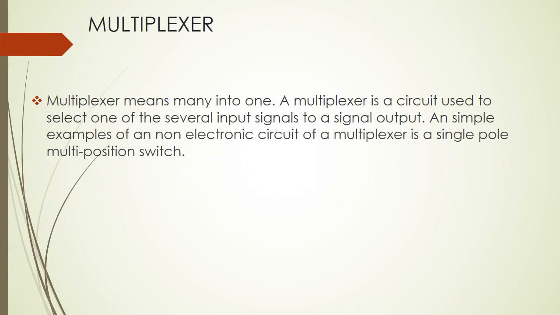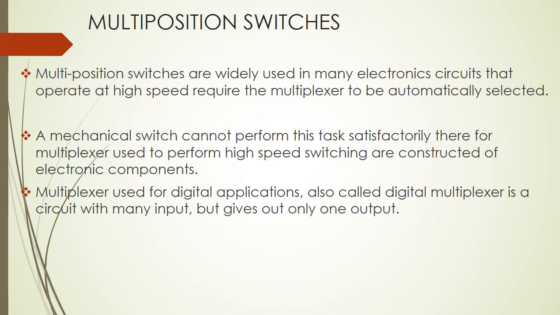We are still on the multiplexer. Let's look at this expression. A multiplexer is a circuit used to select one of several input signals to a single output. Let's look at the multi-position switch. Multi-position switches are widely used in many electronic circuits because their operation is faster.